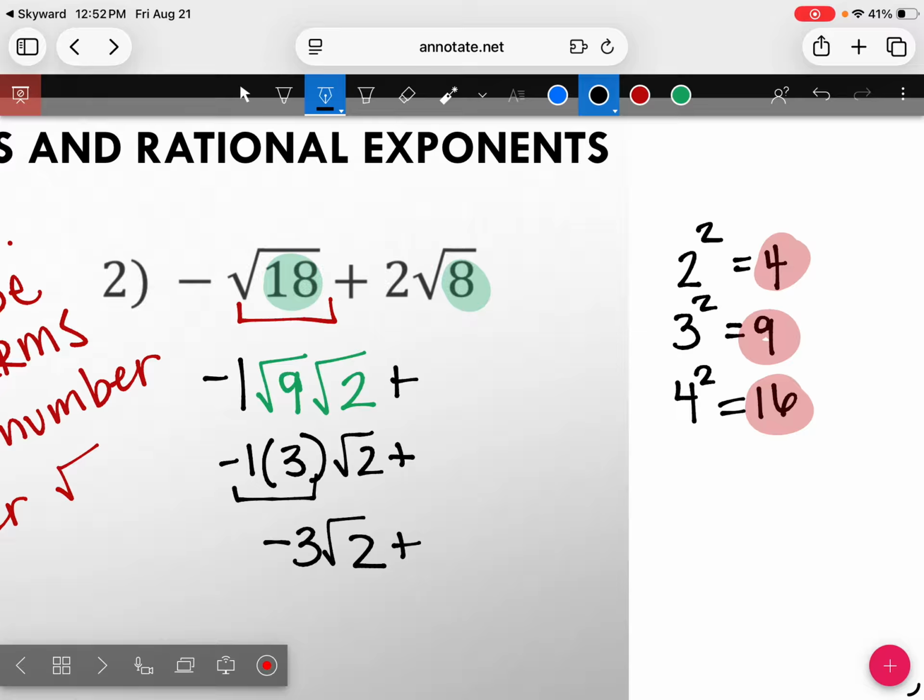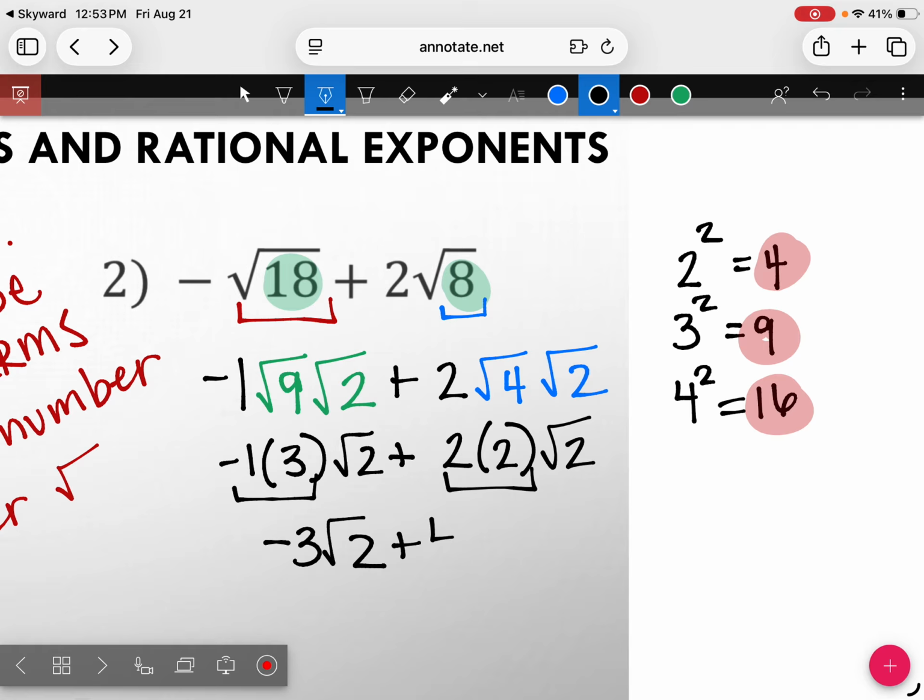Nothing is changing. But now I'm taking this 8 and breaking that apart into the square root of 4 times the square root of 2. So I know that the square root of 4 is 2. And then I can multiply these 2 times 2 and I'll have 4.